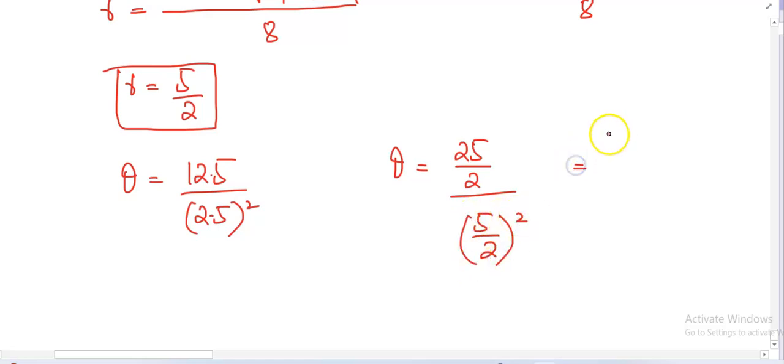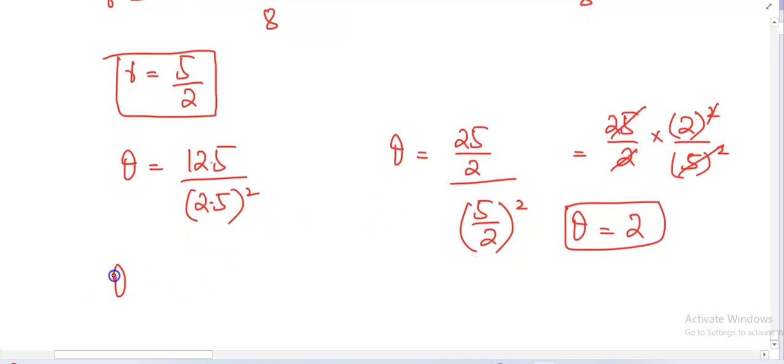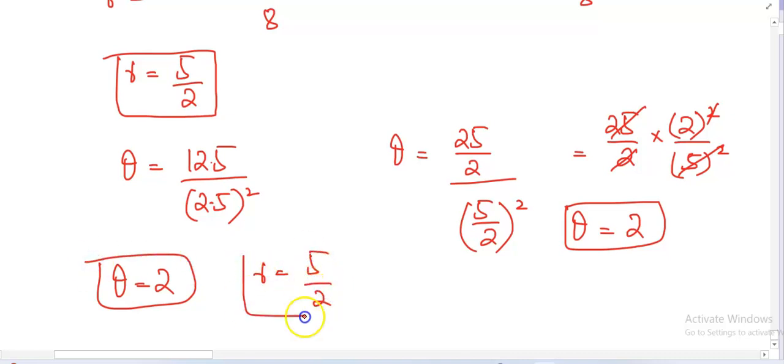So I can write this as 25 divided by 2 multiplied by 2 squared divided by 5 squared. The 25 will cancel with the 5 squared, and the 2 will cancel with one of the 2s in the square. So ultimately theta is going to be equal to 2. So theta is 2 and the r value is 5 over 2. This is what was asked in the question. Alright, so this is how we solve it.